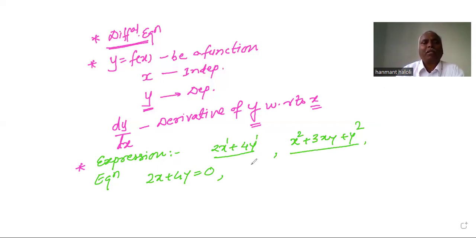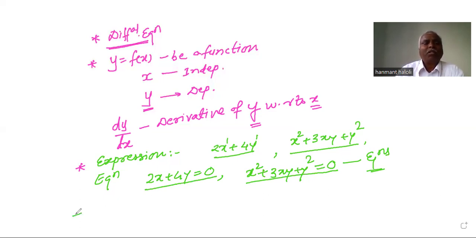Similarly, suppose x square plus 3xy plus y square is equal to 0. These are called equations. Both the left side and right side must be there in the equation, then you call it an equation. These are expressions and these are equations.